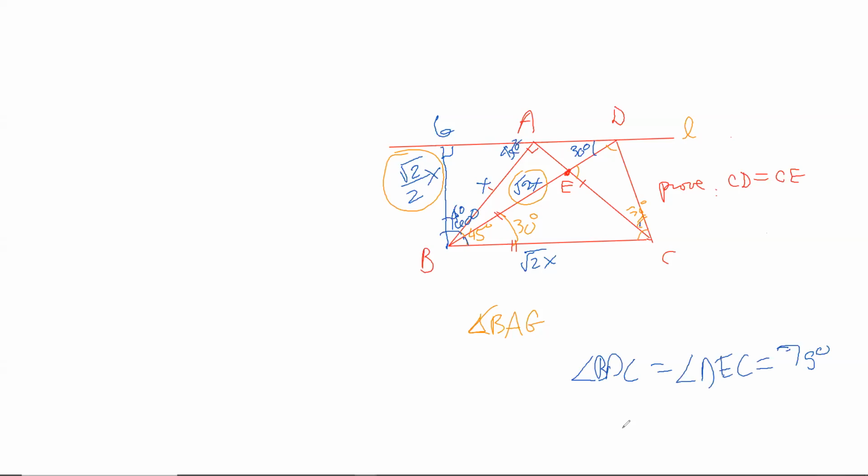Very good, good job. So this is just by observation that you have such a right triangle, a 30, 60, 90 triangle there. Or you could do it this way without doing any calculation here.